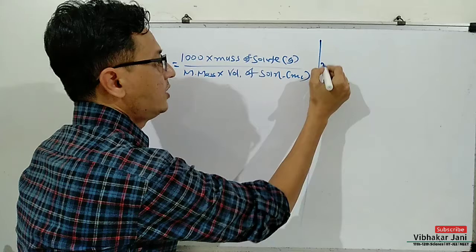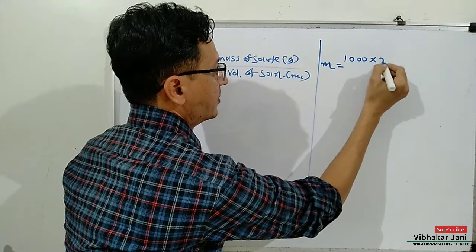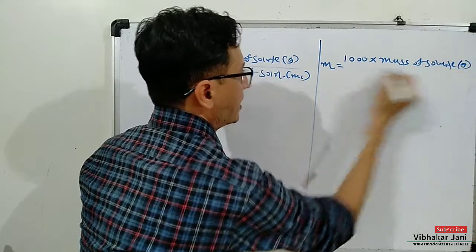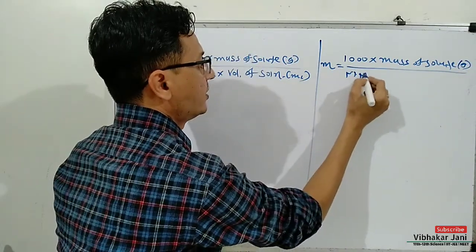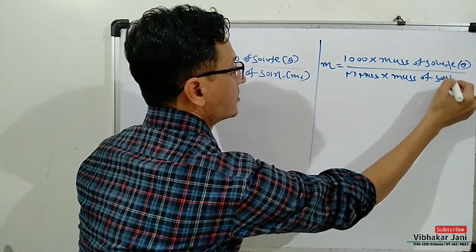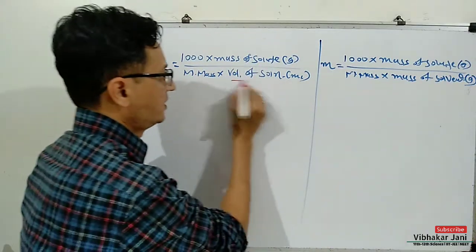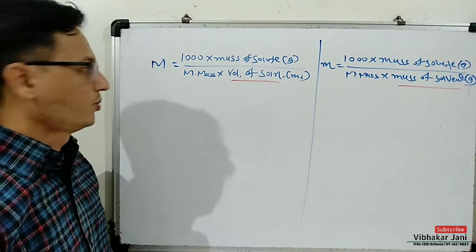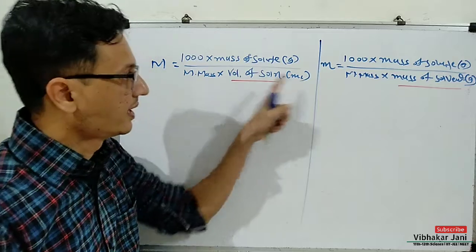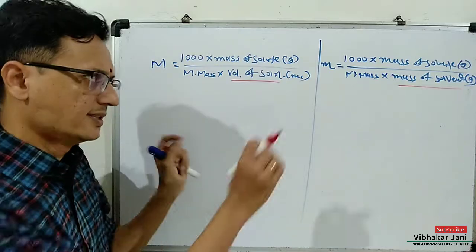Now the formula of molality is like this: 1000 multiplied by mass of solute in gram upon molecular mass multiplied by mass of solvent in gram. So this is the little difference between these two formulas. In the formula of molarity, there is volume of solution, and in the formula of molality, there is mass of solvent.